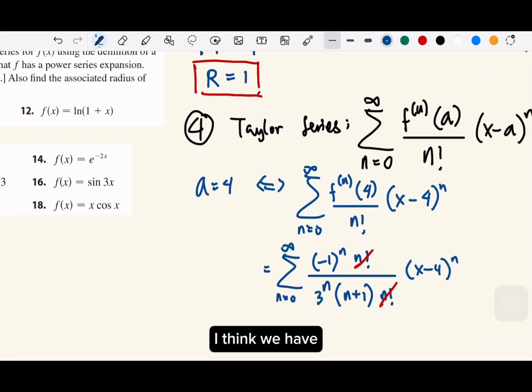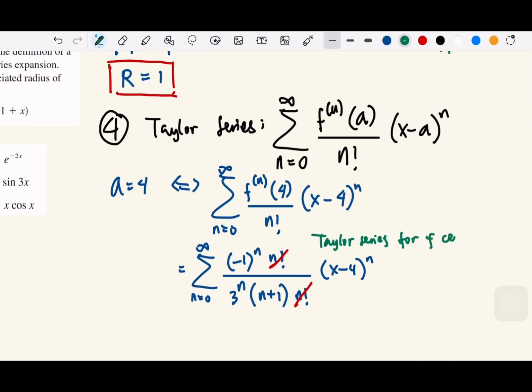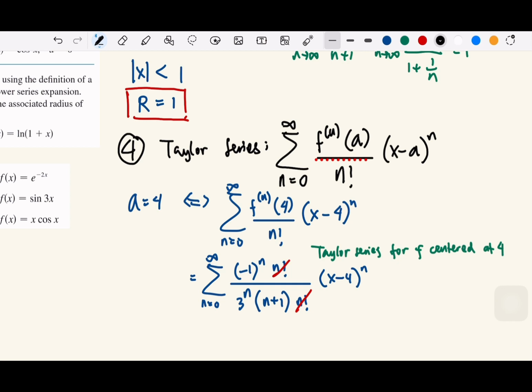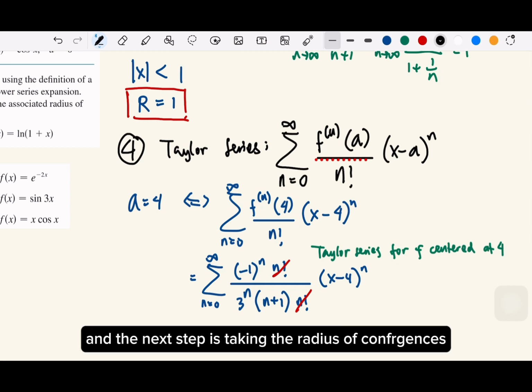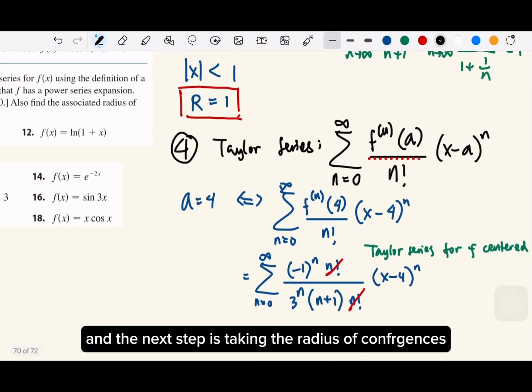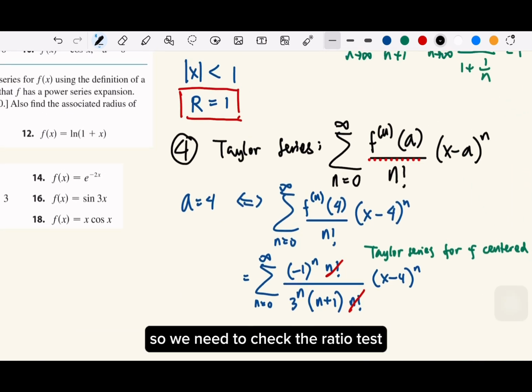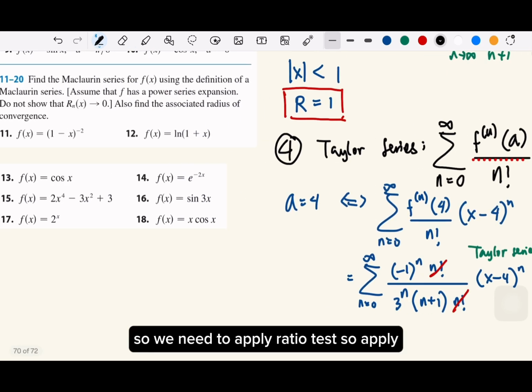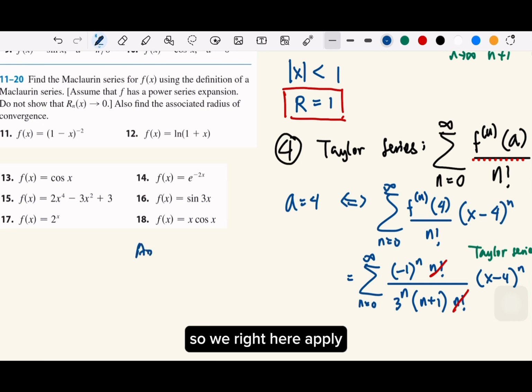So this is the Taylor series for f centered at 4. The next step is finding the radius of convergence, so we need to check the ratio test. So we need to apply the ratio test.